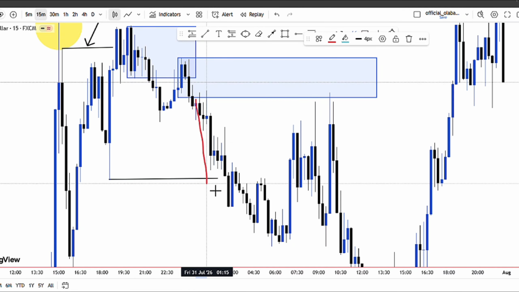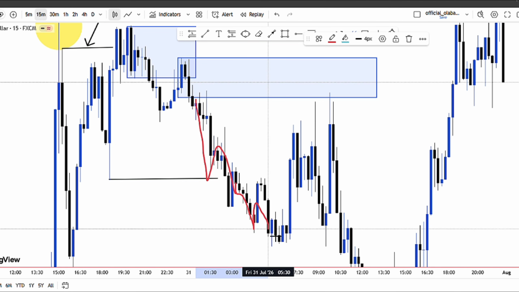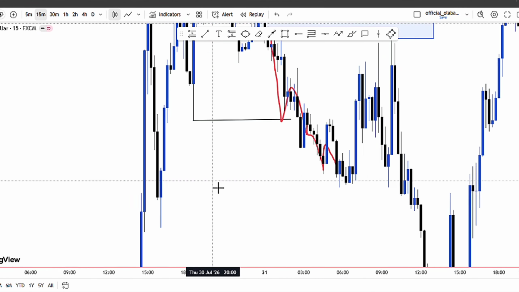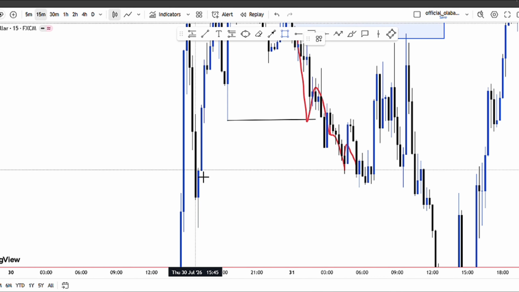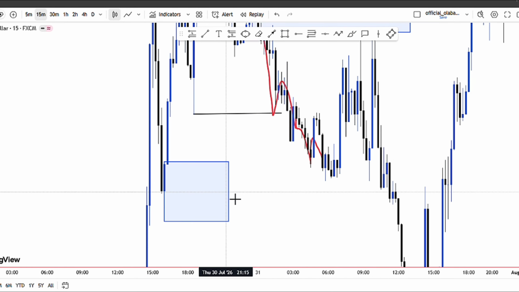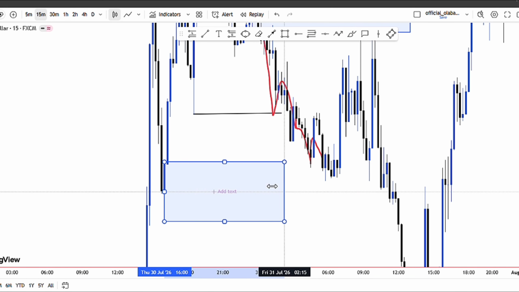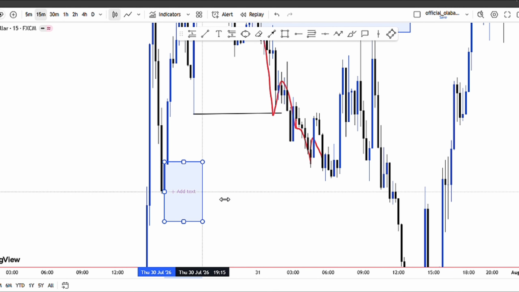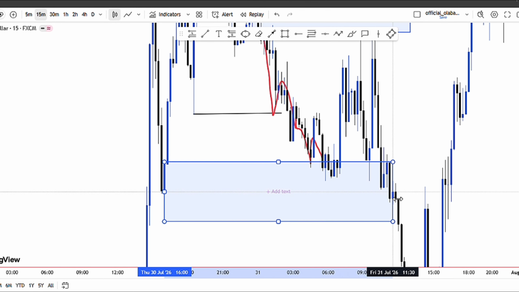We see how price sold off, and notice this. Now notice how price reacted to this invalid demand.